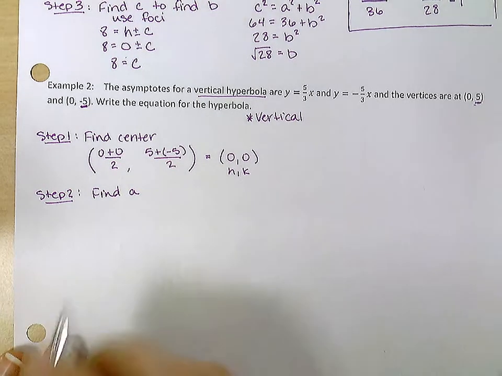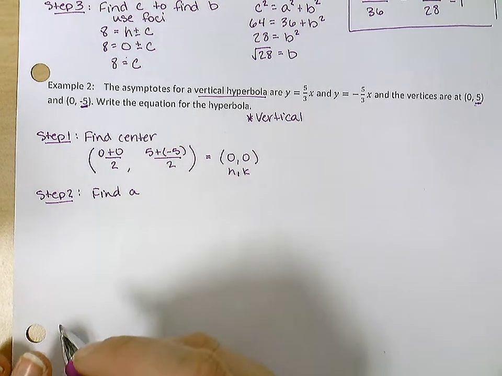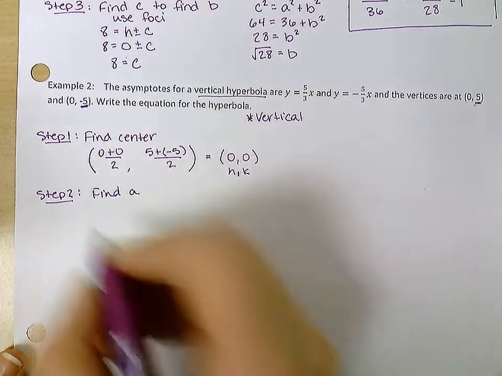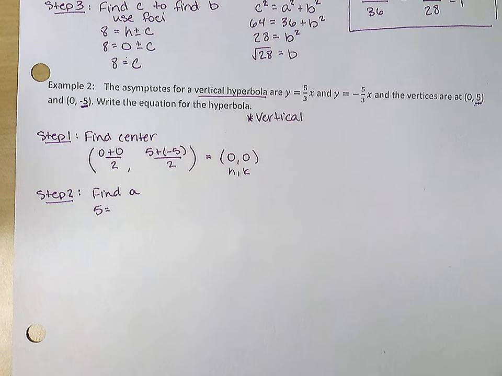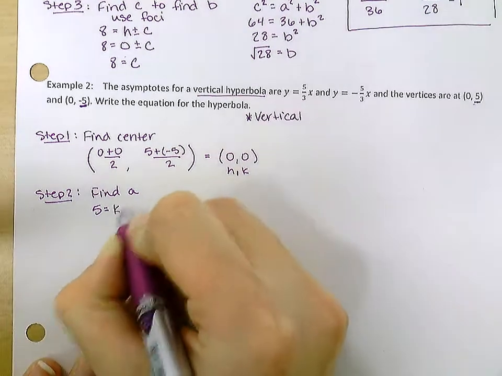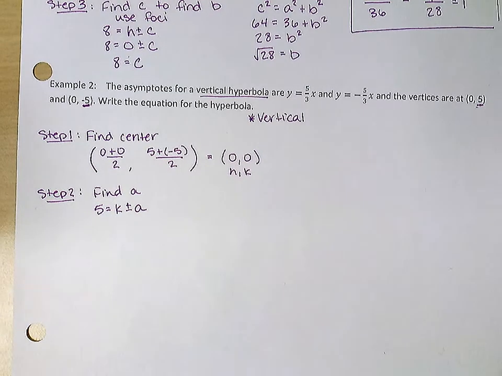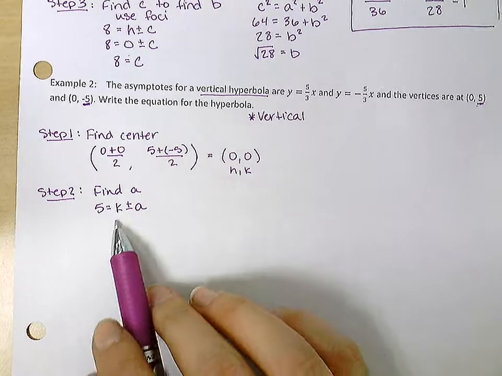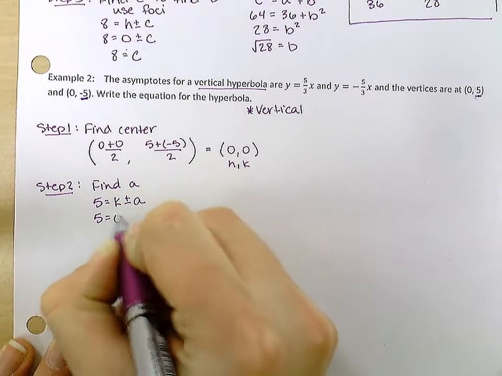So using one of my vertices, I will have, since this is vertical, my y value, which is 5, equal to k plus or minus a. Okay, so that gives you your y value in your vertice. So I know what k is, so I can plug in that value for k from our center, which is just 0.